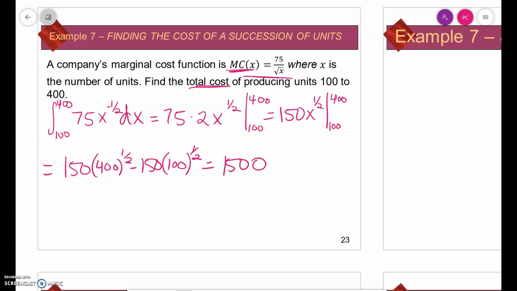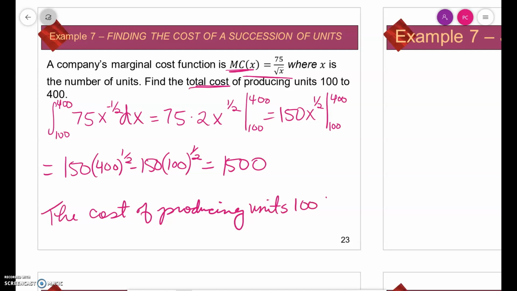And what that means is the cost of producing units 100 to 400 is $1,500.